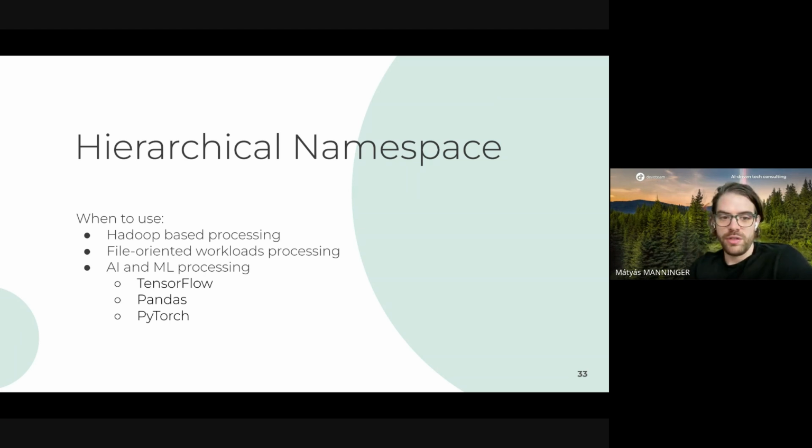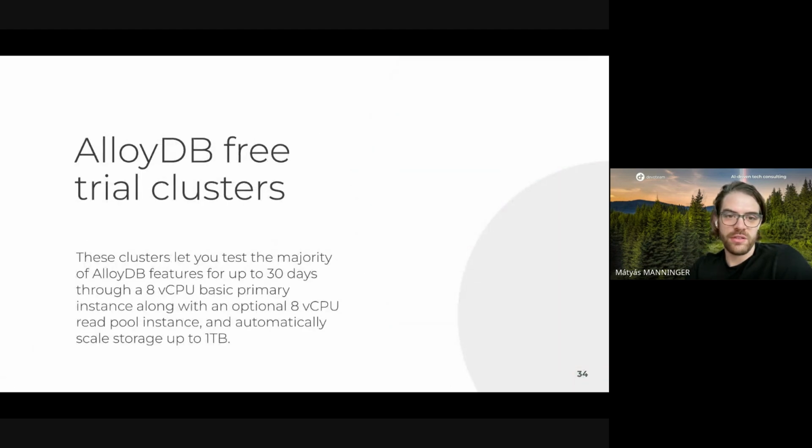All right, so those were the big ones, and now we have some other products with more releases. AlloyDB, we mentioned AlloyDB multiple times already. Really good news. There is now a free trial cluster available for AlloyDB. So you can use AlloyDB and try it out for 30 days for free.